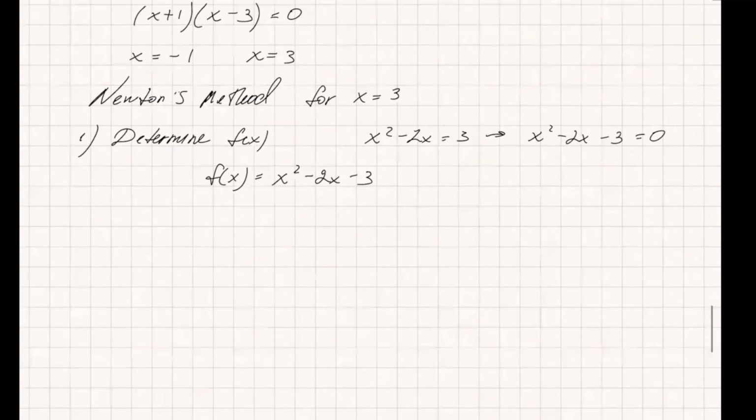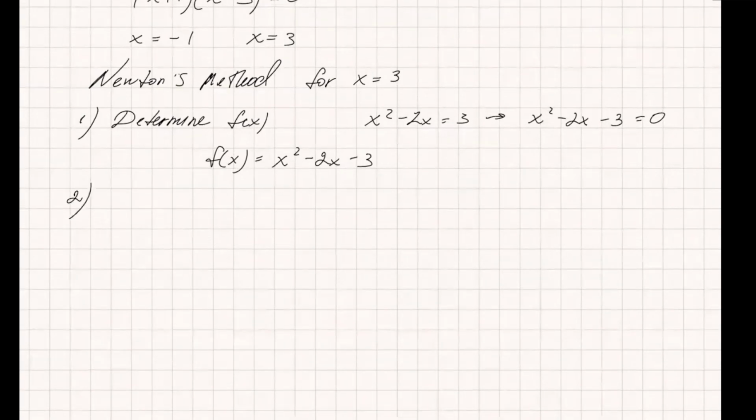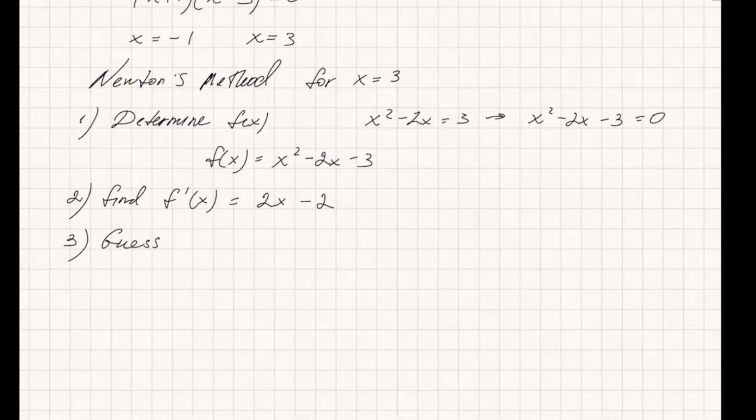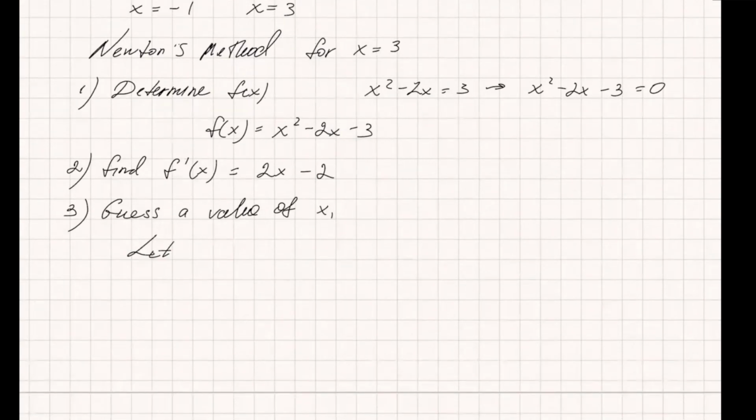Now we need to find f prime. Second step is to find f prime of x, which is 2x - 2, right? And now the third step is to guess a value of x1. In our case, let x1 be equal to 2.